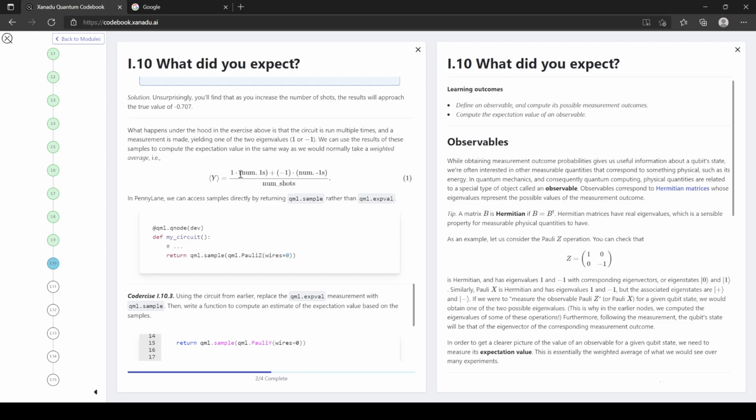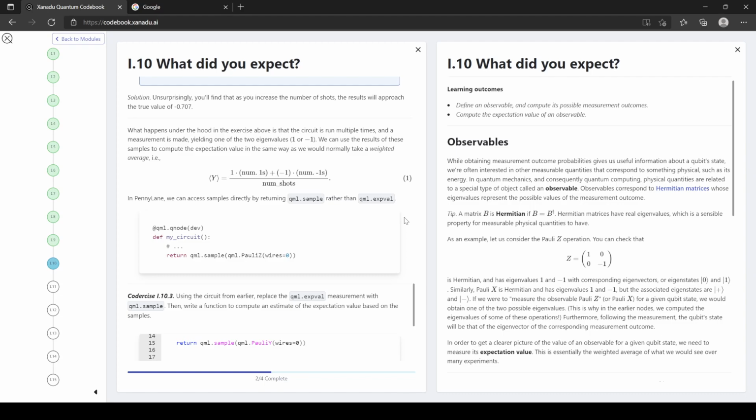So we have the number of ones minus the number of negative ones all over the number of shots. So this is equivalent to the average value, right?